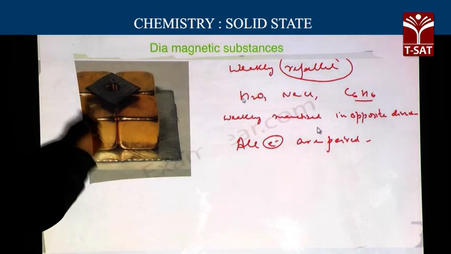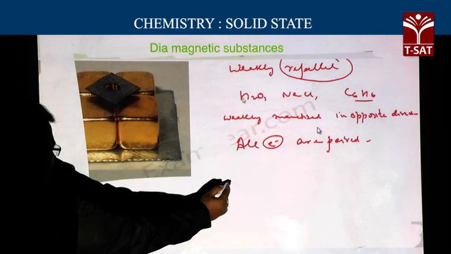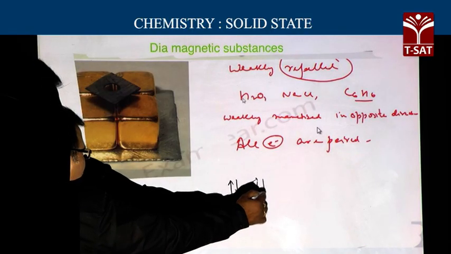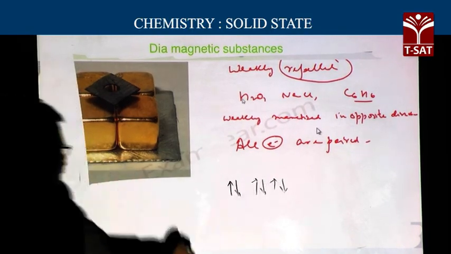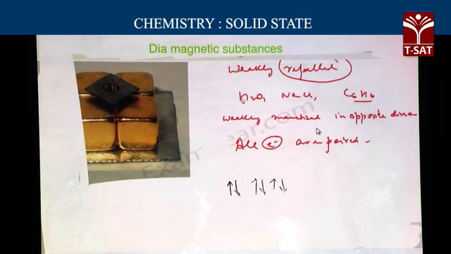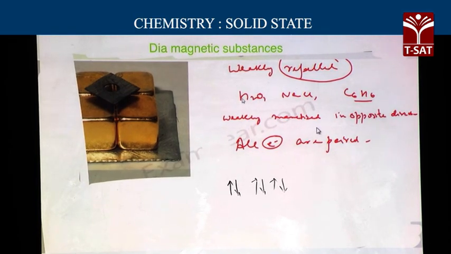They repel each other. This is because all the electrons are paired up like this. In a diamagnetic substance, all electrons are paired up. Because of compensation of the alignments, they are repelled by the magnetic field.